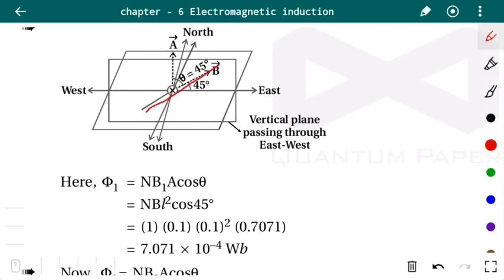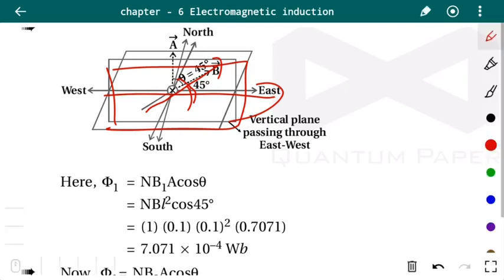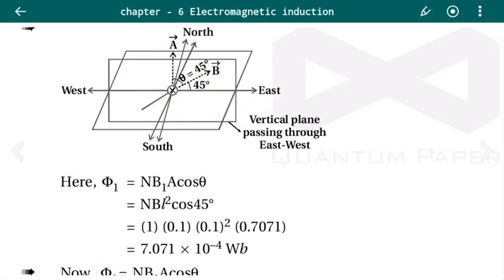The magnetic field makes 45 degrees with this plane, so that makes a 45 degree angle between the area vector and the magnetic field. Theta here is the angle between the area vector and the magnetic field B.